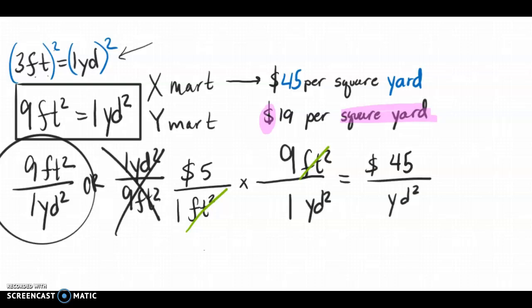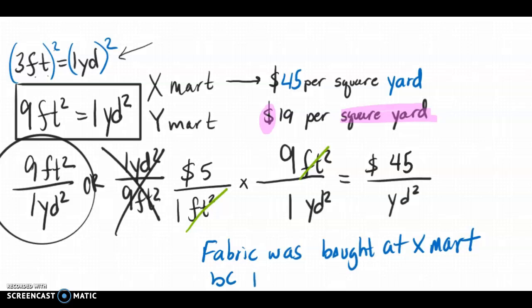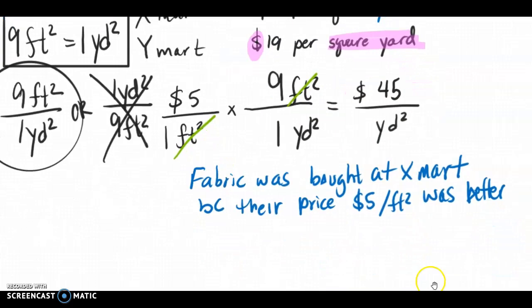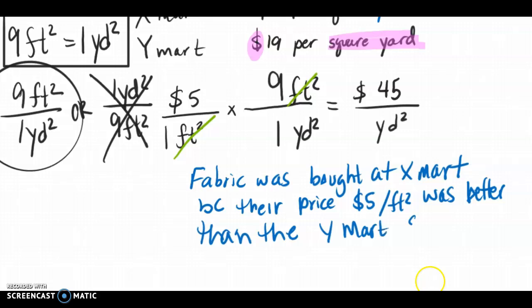So would I want to say fabric was bought at Xmart because their price of $5 per square foot was better than Ymart's price of $19 per square yard.